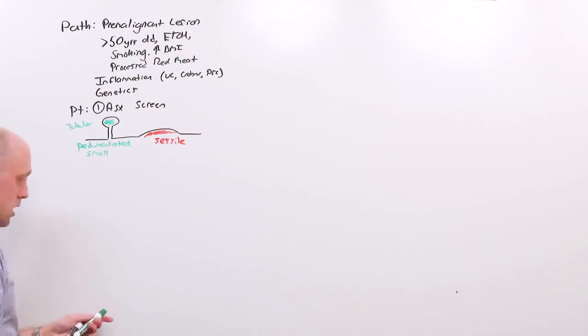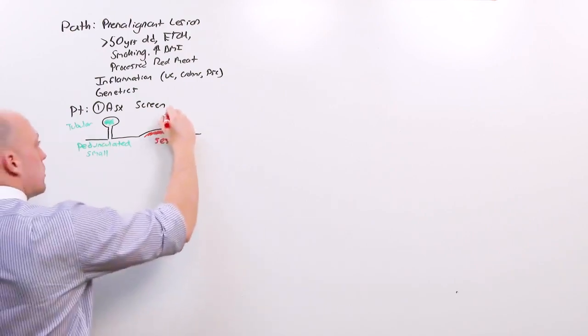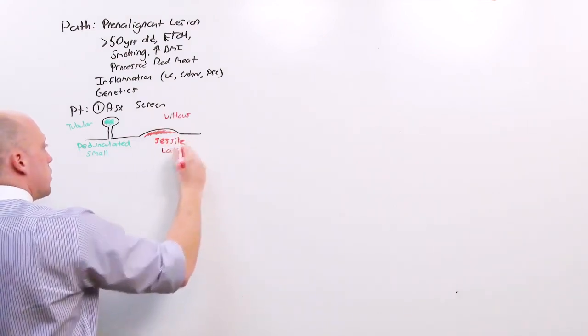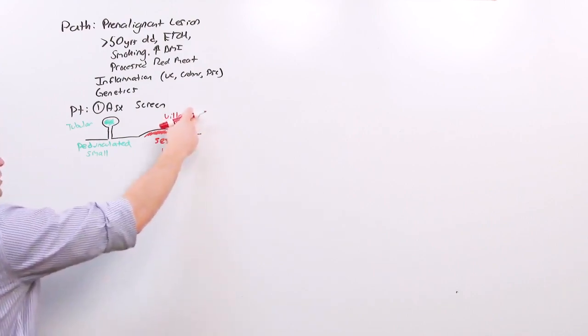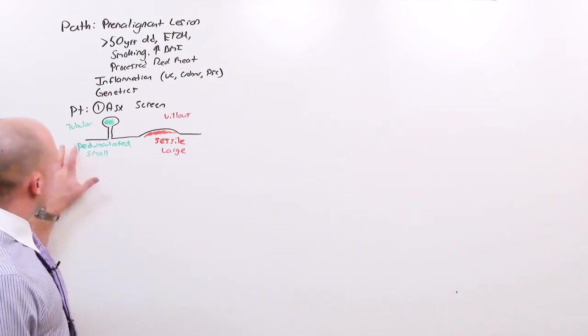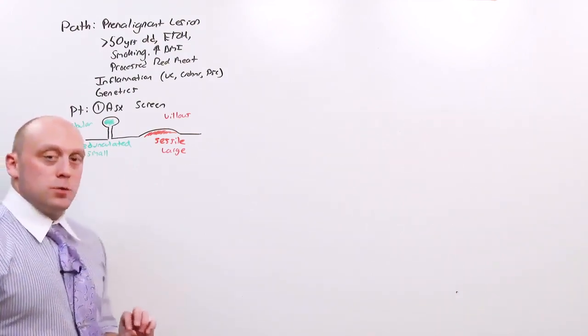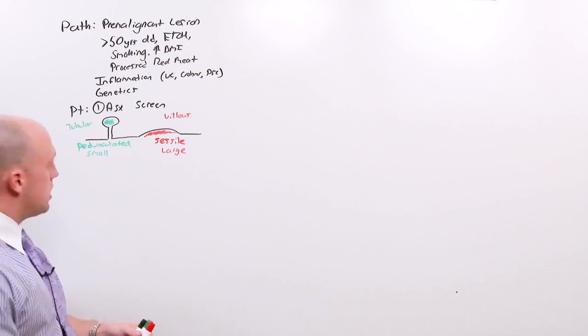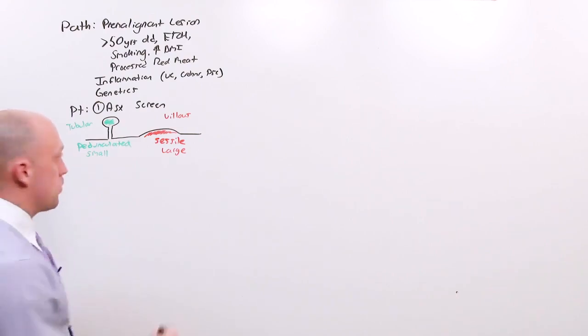Other things that make polyps bad are going to be villous and large. Large sessile lesions that have villous histology or low-grade dysplasia are bad. The ones that are pedunculated, small, and tubular adenomas, good. This is the way you want people to present, that is with the asymptomatic screen.